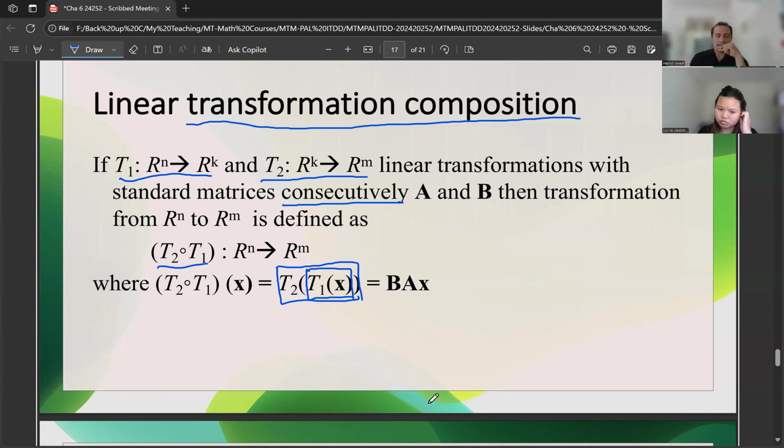Jangan salah ya urutannya. Itu artinya A-nya bekerja dulu, T1-nya bekerja dulu, kemudian baru B atau T2-nya mengikuti. Kemudian urutannya jadi seperti ini: B, A, X. This is our original vector, and then you must multiply A by X first.